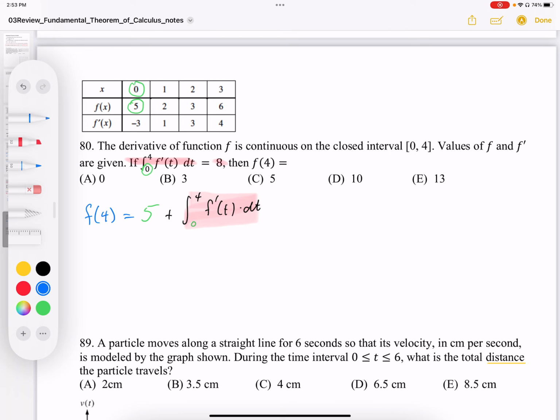So f of 4 is equal to 5 plus the displacement. In this case, the displacement is 8, going from 0 to 4. So f of 4 must be equal to 13. The answer in this case would be E.